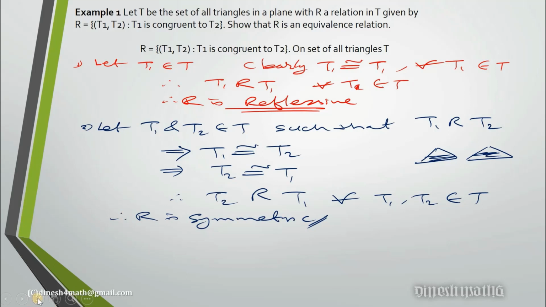Have you noticed that? First I have taken one element for the reflexive, and two elements for the symmetry, and for the third part I will take three triangles from the given set of triangles.